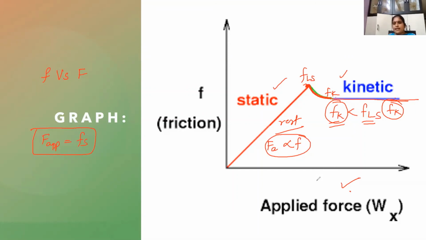In this class we have studied what friction is, what the types of friction are, how to mathematically approach the different types of friction, what contact force is, what the angle of friction is, and the graphical approach of the relation between mu s, mu k, and mu r.